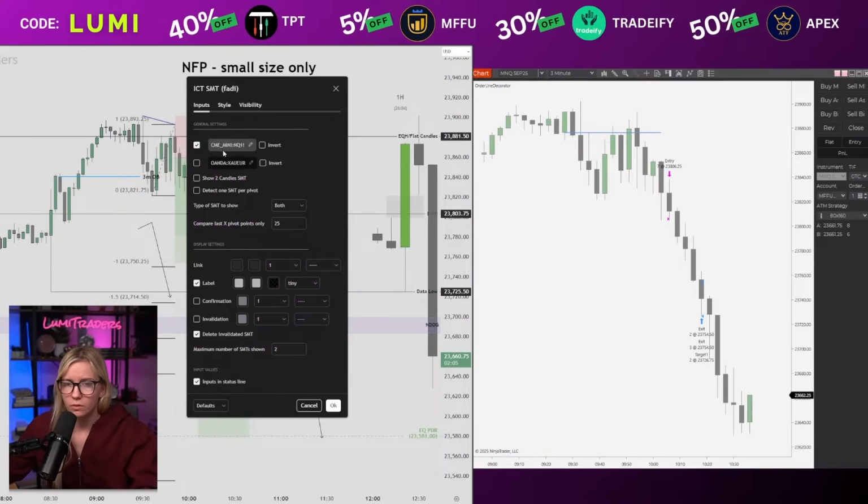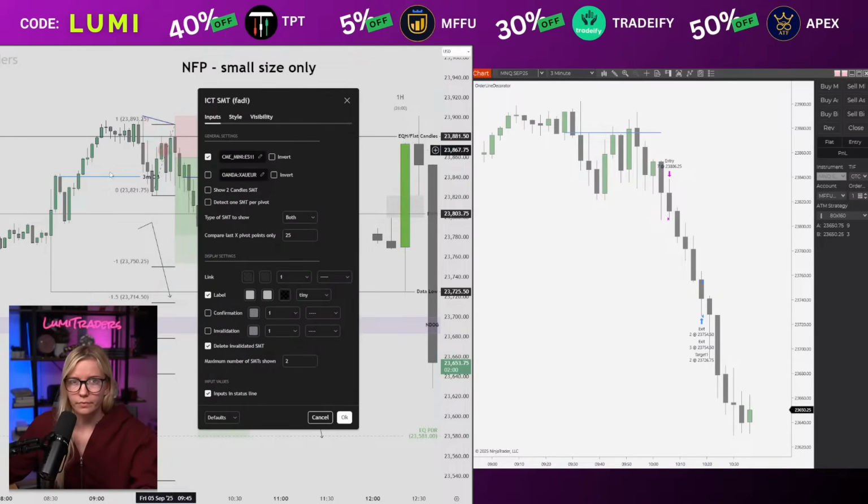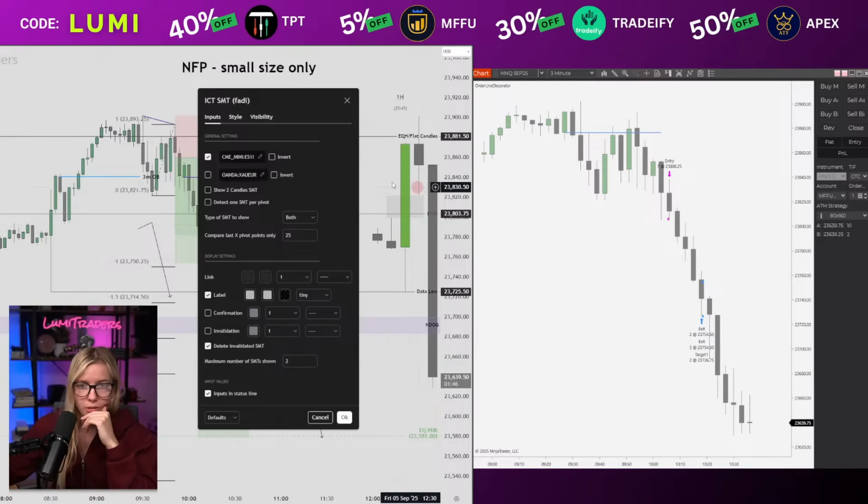Yup. Here are the settings. ICT SMT by Fadi.